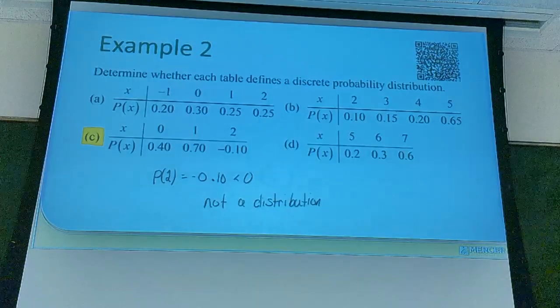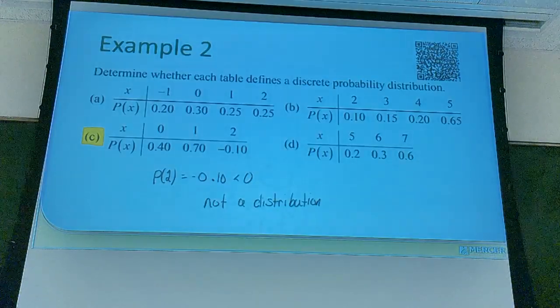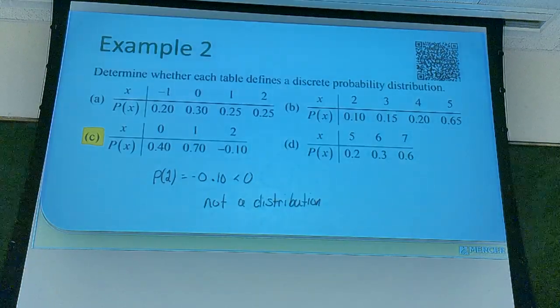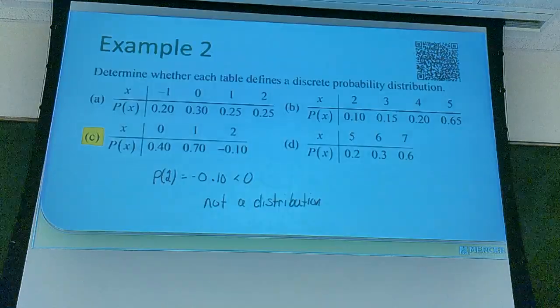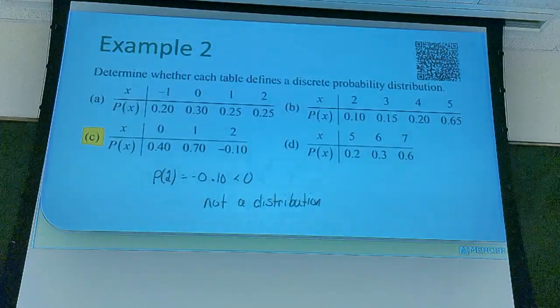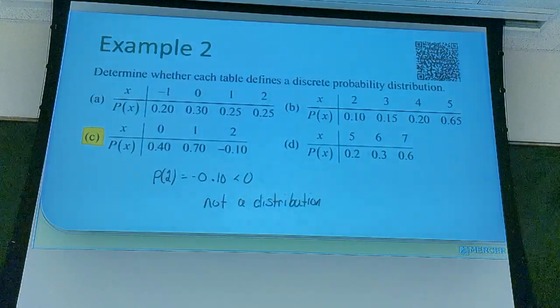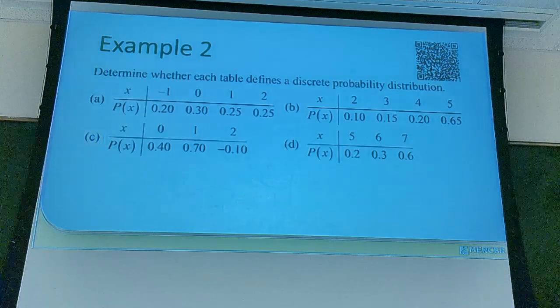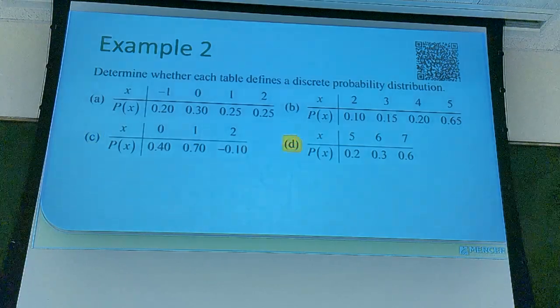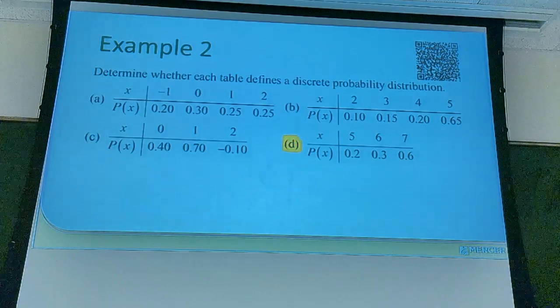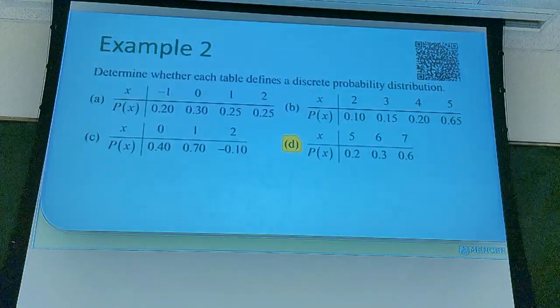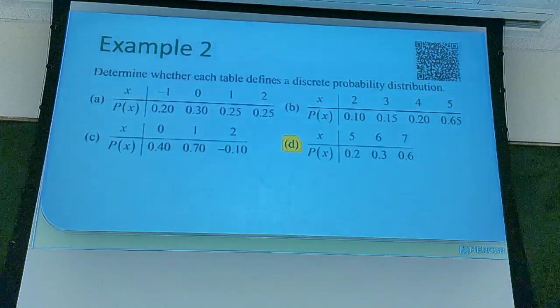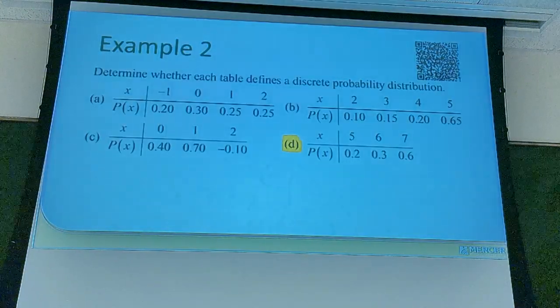So it's not a distribution, even though, if you notice, they do sum up to 1. Next, probabilities between 0 and 1? They are. Good.